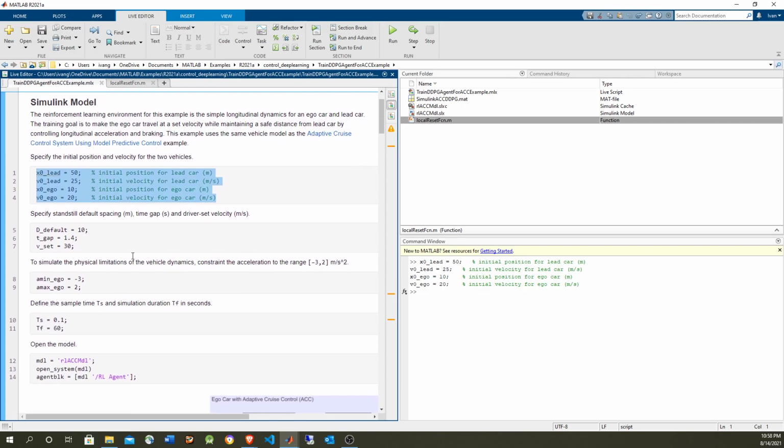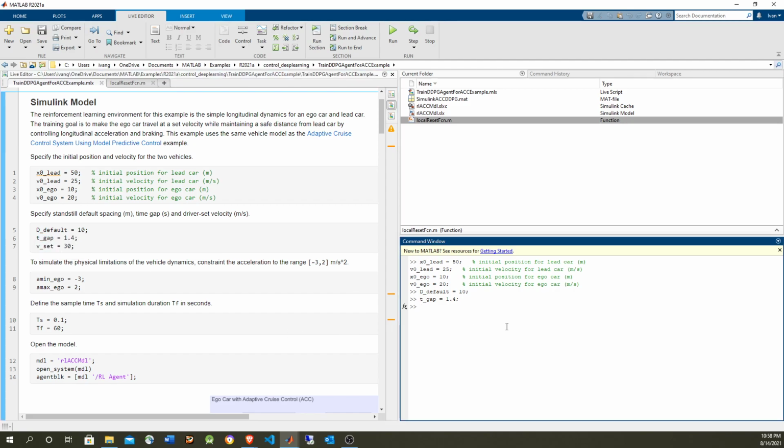We're going to set the default distance, the spacing between the cars. It should be 10 meters. And also the time gap, which is going to be used to multiply against the velocity of the ego vehicle, and it's added to this one. So it's something like the velocity of the ego times t gap, plus the default distance, is equal to the safe distance.